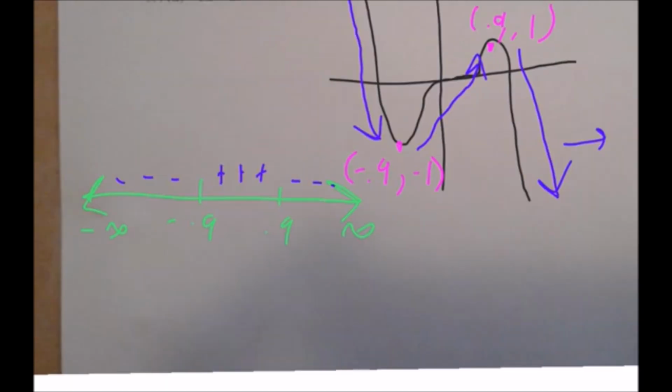So our interval notation would be decreasing. It doesn't matter if you write decreasing or increasing first, as long as you get it right. We're decreasing from negative infinity to negative 0.9, and so you put a comma there, 0.9 to infinity.